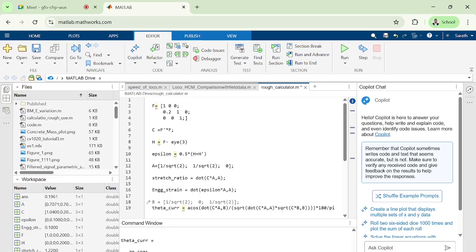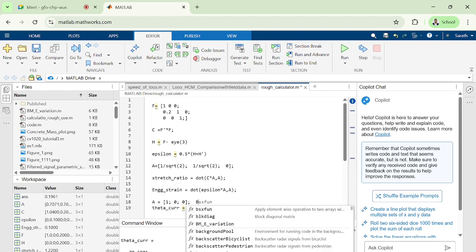We have to define what A and B are here. A is from the question, 1, 0, 0, EX. It's a vector, so I will put semicolons, so it becomes a 3 by 1 vector.